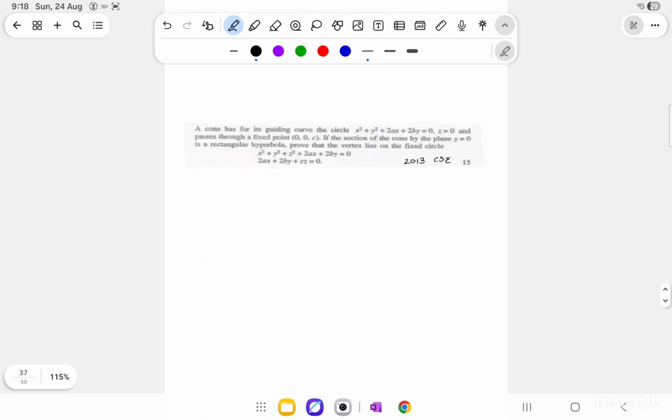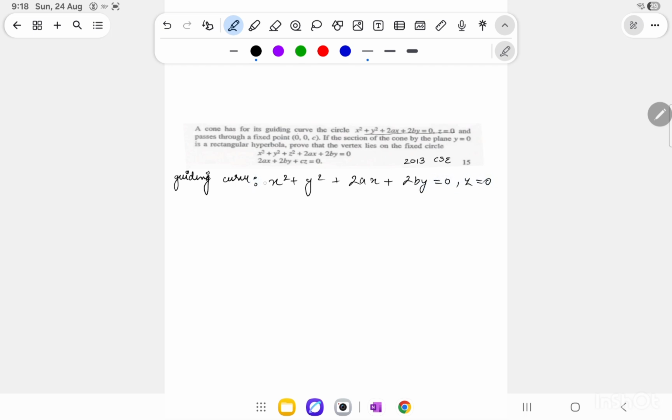In the next question we are supposed to show that a cone has its guiding curve the circle x square plus y square plus 2ax plus 2by equals 0, comma z equals 0.